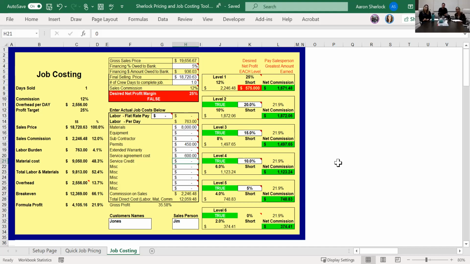So there are times that I could go below the 25%, knowing that I have a commission of whatever commission I had built in, $2,200. Does that make sense? In line 17, C17, the sales commission amount that's built in, is that what you're talking about?